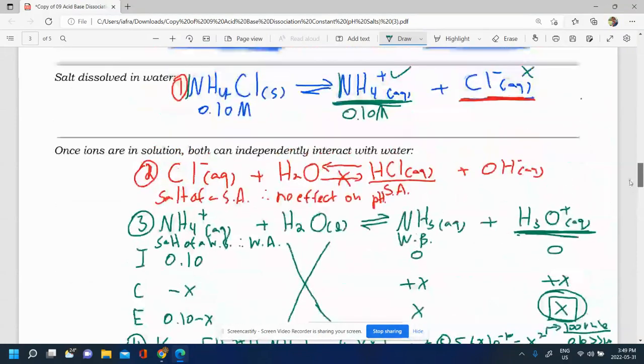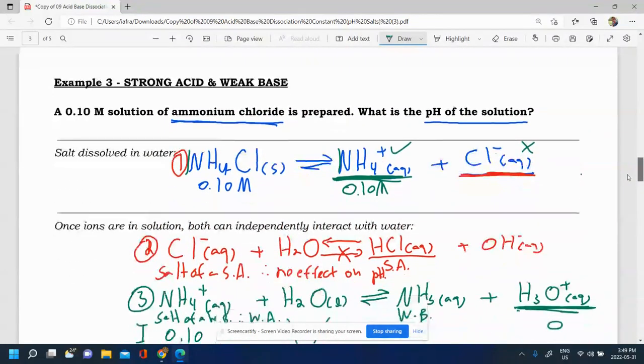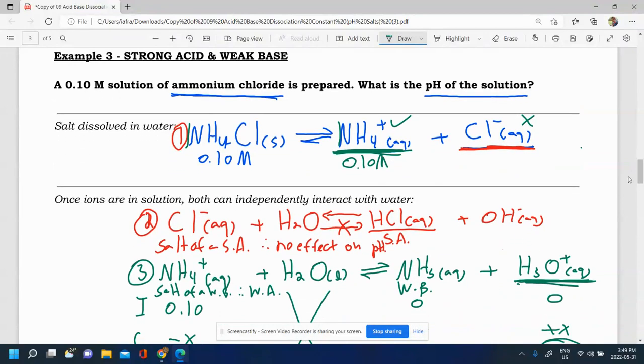So what we've seen here is that if you have a salt of a strong acid, the pH is equal to 7, so no effect on pH, in other words. But if you have the salt of a weak base, it's going to act as a weak acid.